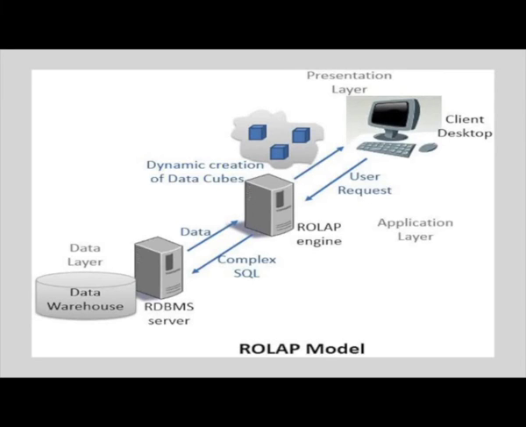Relational online analytical processing, ROLAP, is a form of online analytical processing that performs dynamic multidimensional analysis of data stored in a relational database rather than in a multidimensional database, which is usually considered the OLAP standard.